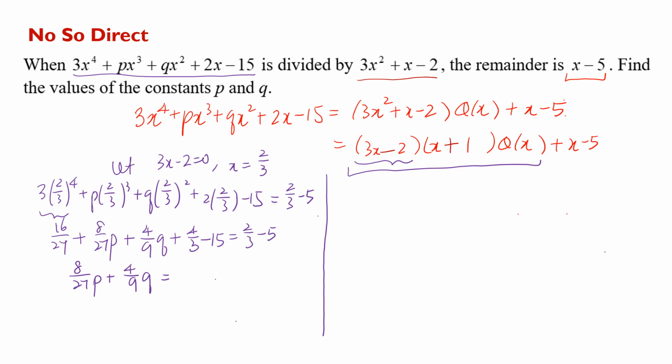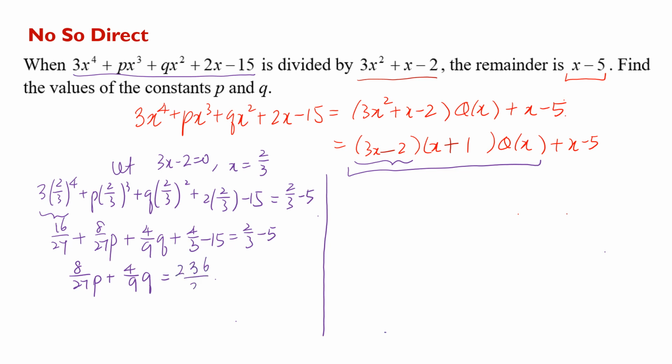Right, let me do it again. Wait, hang on. 2 over 3 to the power 4 is 16 over 27. So that is 2/3 minus 5 minus 16 over 27 minus 4 thirds plus 15.